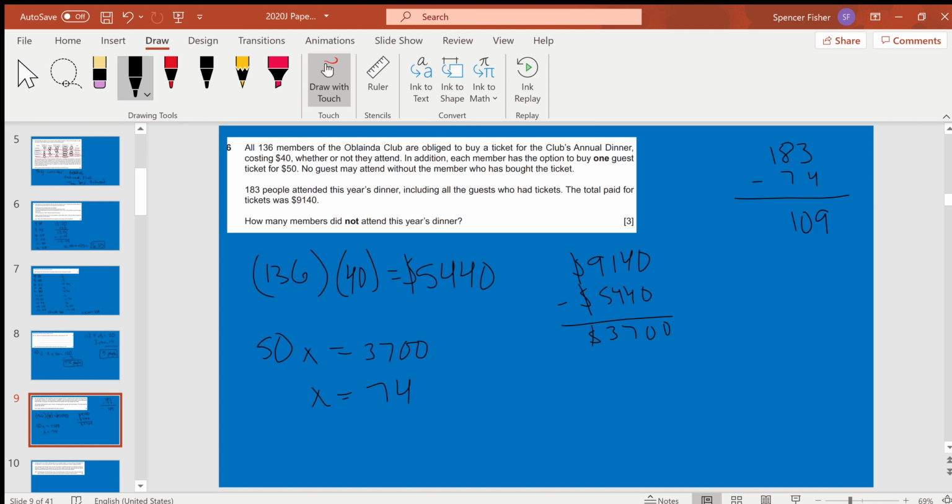That means the rest of the people at the dinner were actual members. So if there are 136 total members, and 109 members were there, then all in all, that is 27 members that didn't show up.